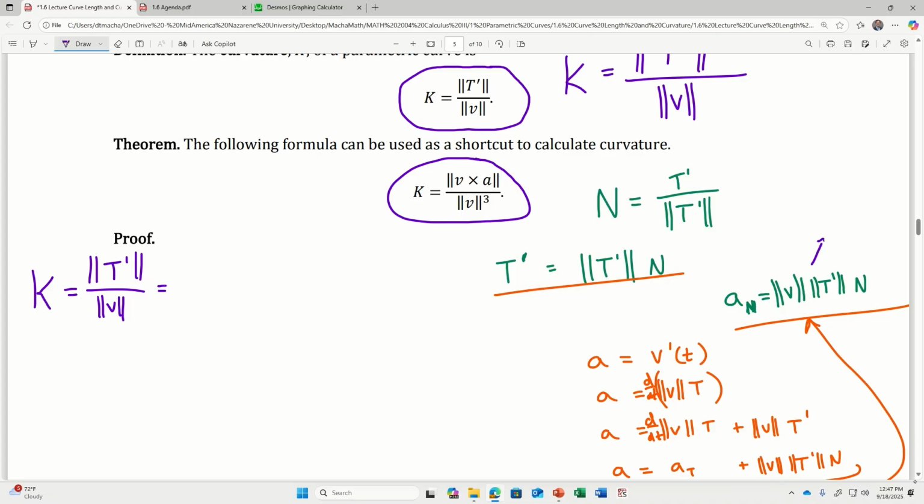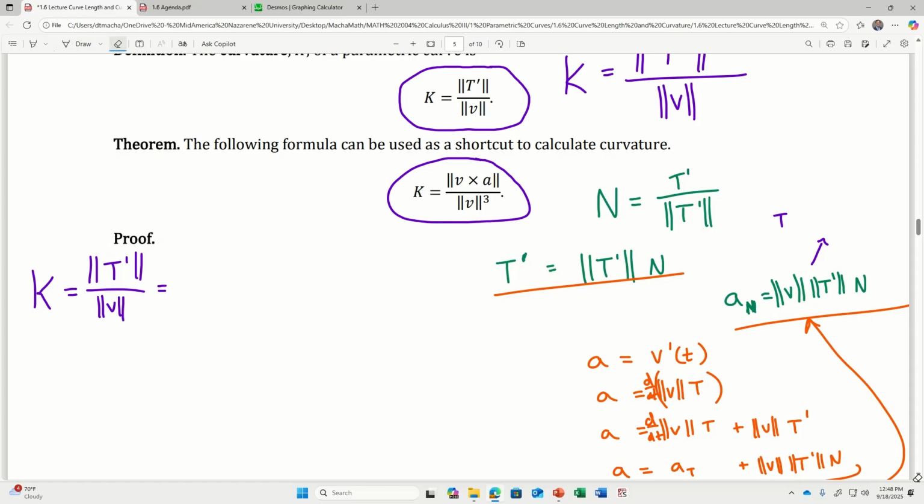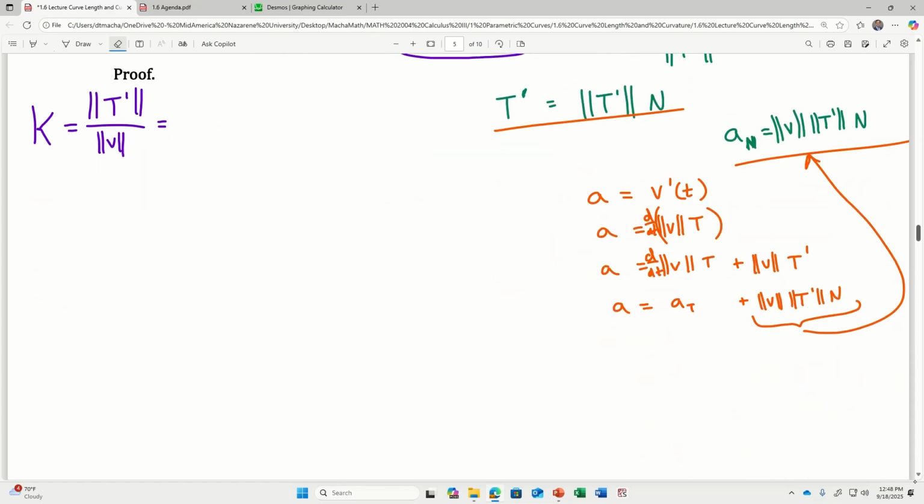And I can rearrange this formula to solve for, no I can't. I kind of can. Let me see this. So let me take this normal component of acceleration and then take the norm of it, and it would just be the speed times that.